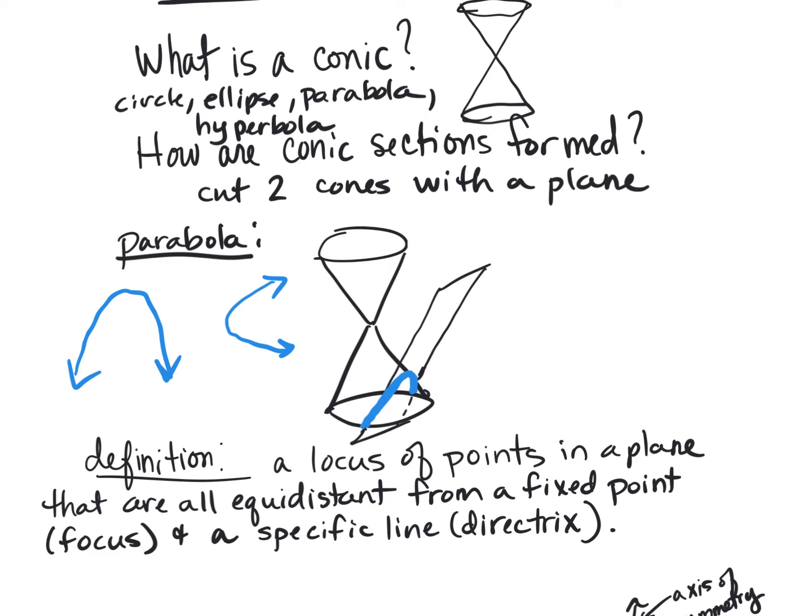Of course, we have our axis of symmetry. Here we would have our focus, right? Going across our focus, we've got the latus rectum. And equidistant from here and here is going to be our directrix, isn't it?